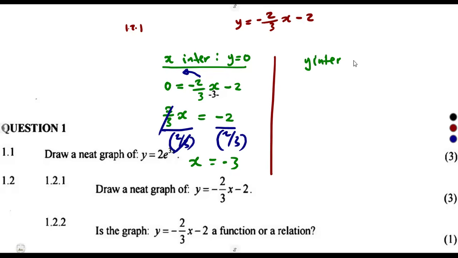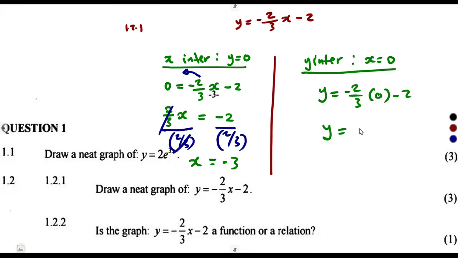On the same conditions, just like this part, we are going to determine the y-intercept. Take note, you are talking about y there, but what is it that you substitute? It is x that you substitute, which is equal to 0. So in place of x, we are going to put the 0 there. Meaning to say y is equal to minus 2 over 3 times 0 minus 2. That's y is equal to what? Minus 2. So just use your calculator. This is enough, guys.